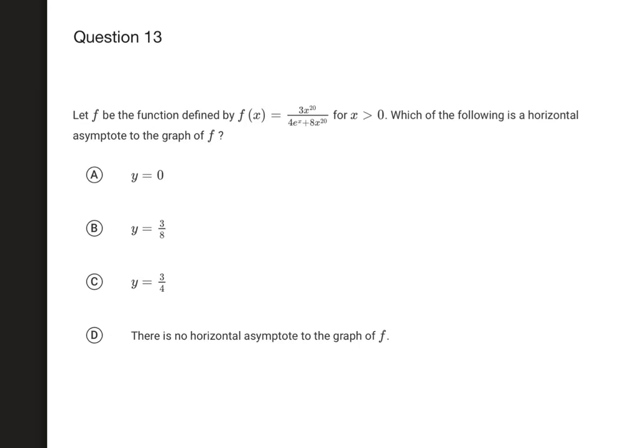They say let f be the function defined by f of x equals 3x to the 20th over 4e to the x plus 8x to the 20th for x positive. That makes a big difference because exponentials behave a lot differently when x goes to negative infinity, but in this case x can only go to positive infinity.